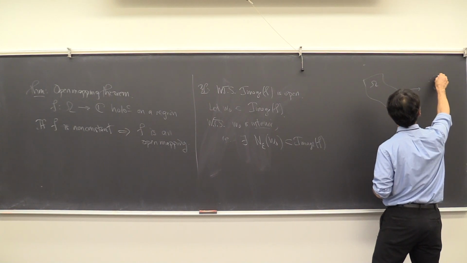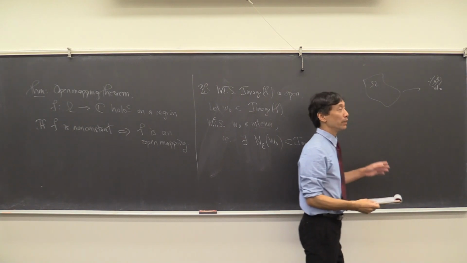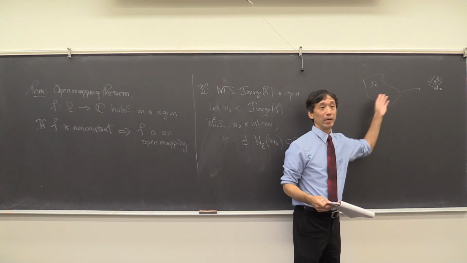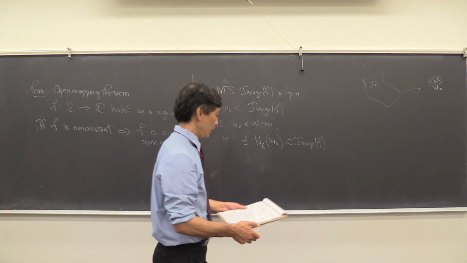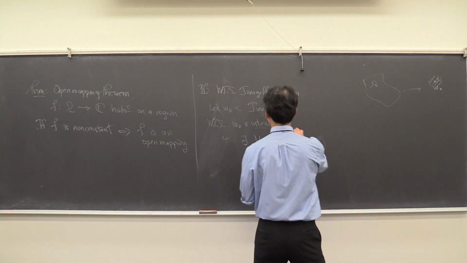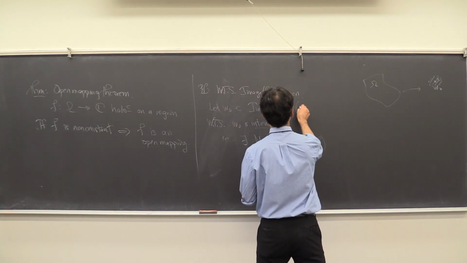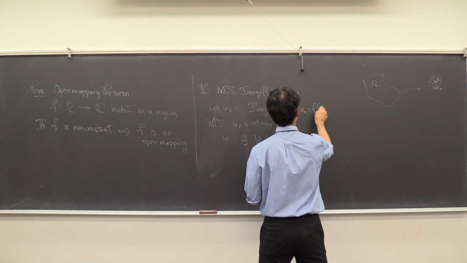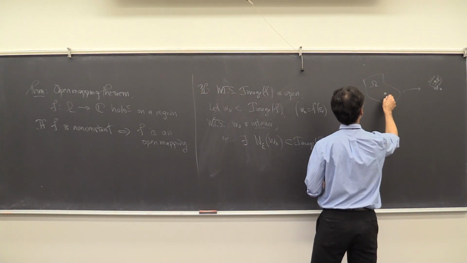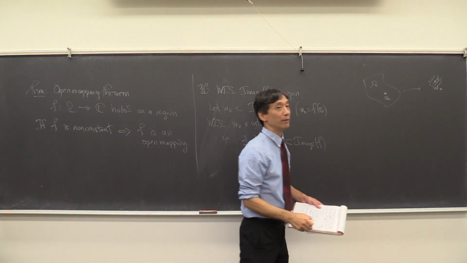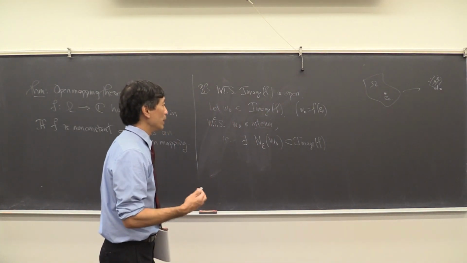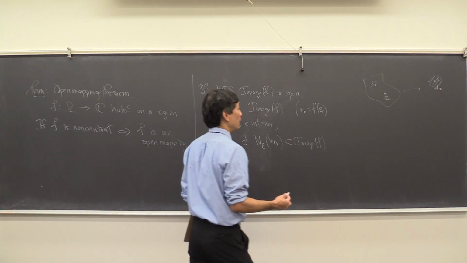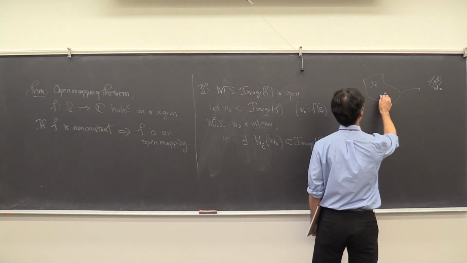It's in the image. We want to show that there's some epsilon neighborhood such that everybody in there is hit by F, right? F covers that thing. So W naught is the image of some point Z naught, F of Z naught. Sorry. Okay.